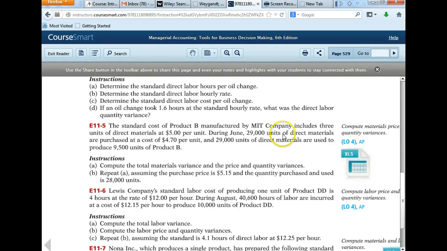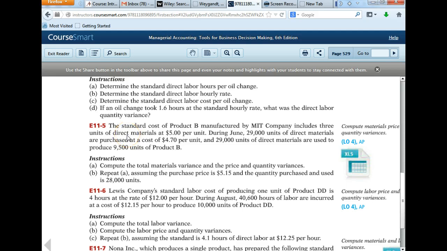During June, 29,000 units of direct materials are purchased at a cost of $4.70 per unit, and 29,000 units of direct materials are used to produce 9,500 units of B. So we've got the standard cost of B are 3 units at $5 a unit. Okay, those are standard, 3 at 5.